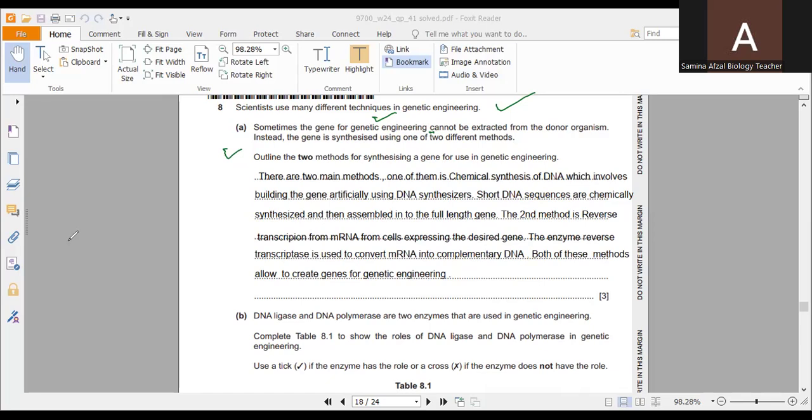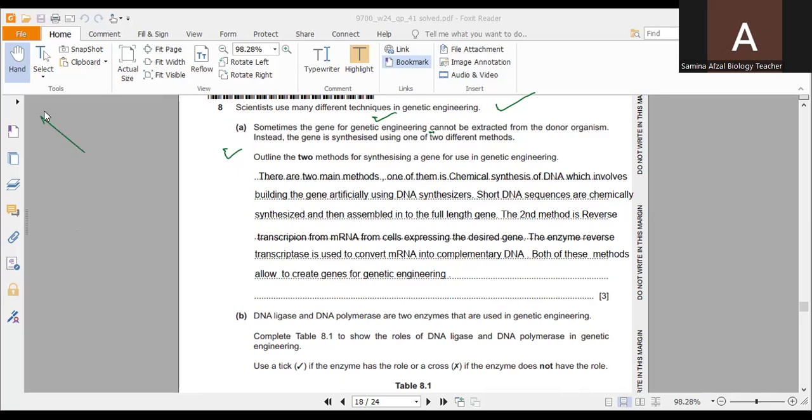Two methods can be helpful in this regard. The two methods: one of them is chemical synthesis of DNA, which involves chemical synthesis of DNA.